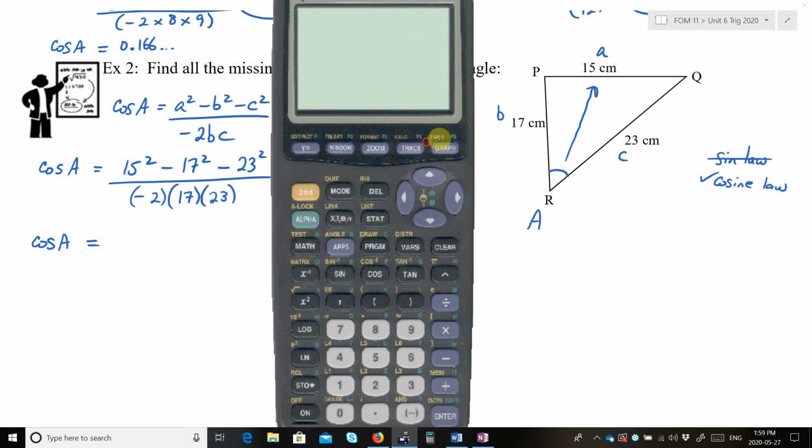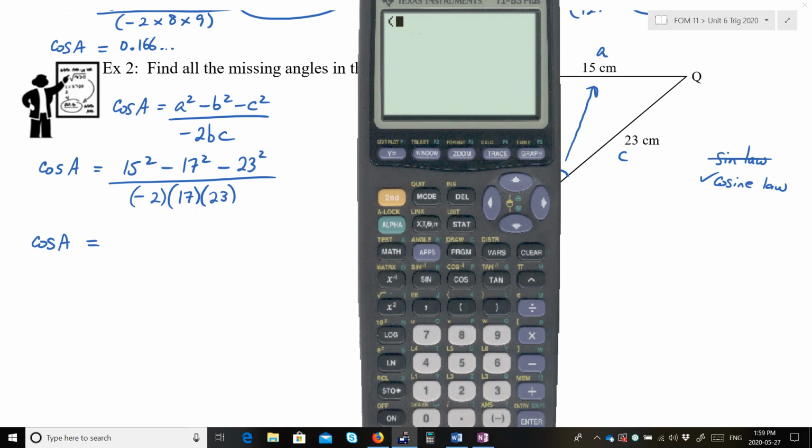And in the calculator, I'm going to go like this. Put brackets around the top. 15 squared minus 17 squared minus 23 squared. Divide that by negative 2 times 17 times 23. 0.758.